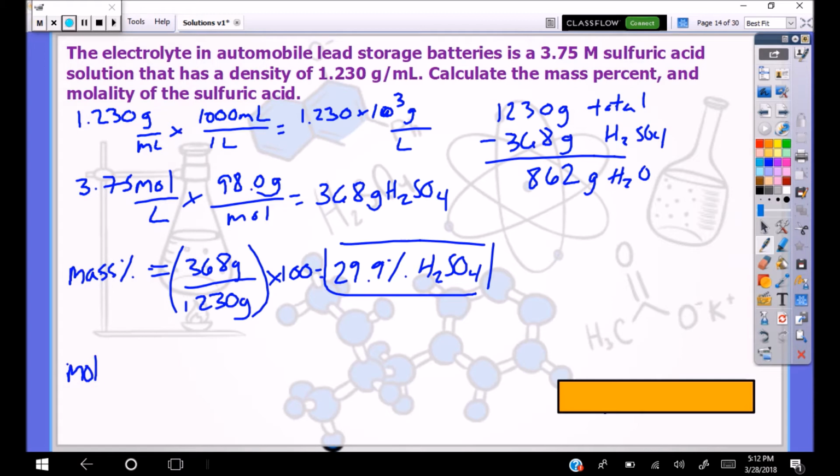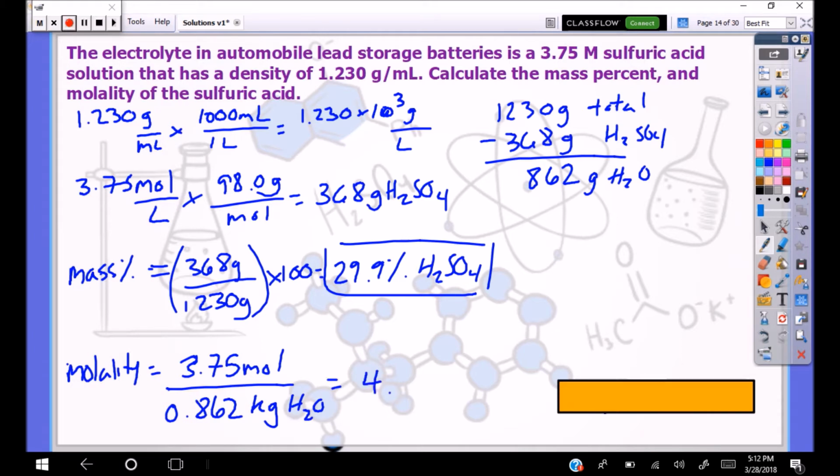So molality, we need our moles, which we know is 3.75 moles per liter of our solution, divided by our kilograms of solvent, which we have 862 grams, so this is 0.862 kilograms of water. And this would give us a molality of 4.35 with a little m.